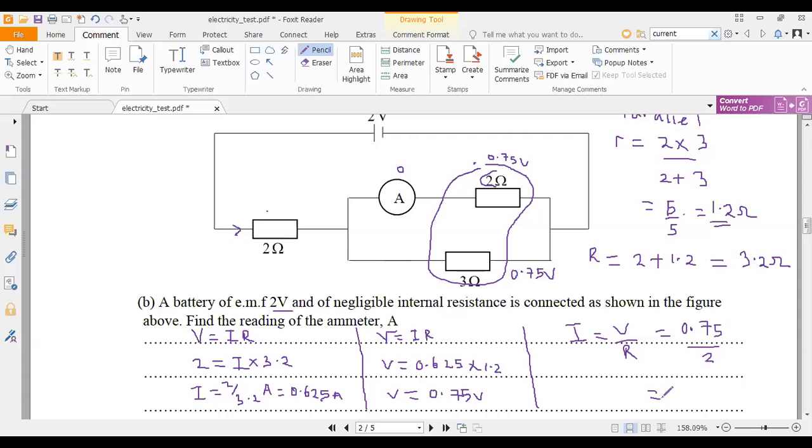So finally, that current will be 0.375 amperes. So the ammeter reading in this case will be 0.375 amperes, or 0.75 divided by 2 amperes.